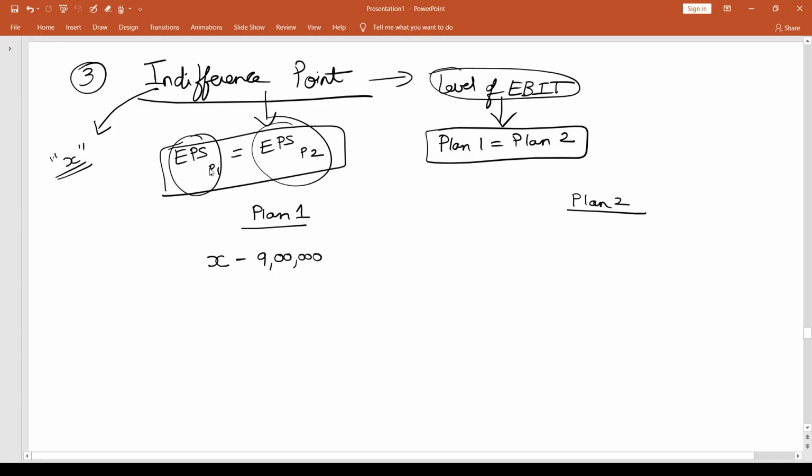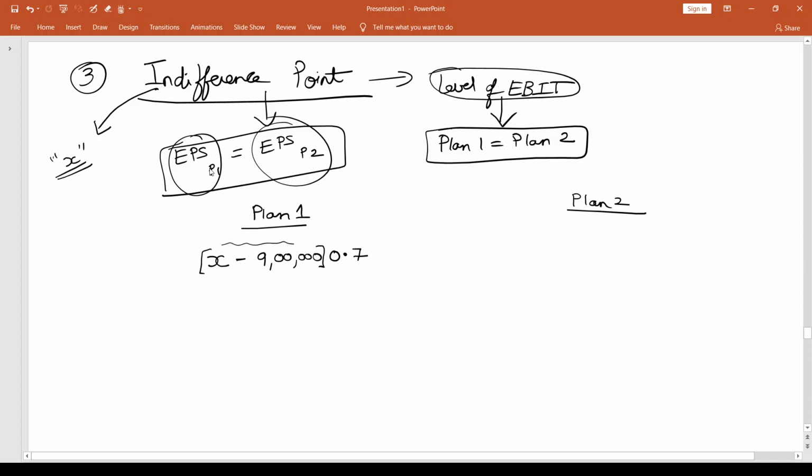So EBIT minus interest gives me EBT. From this, I will be paying tax. What is the tax I will pay? 30%. So what remains with me as EAT is going to be 0.7 times this number. This number into 0.3 would have been the tax, and this number into 0.7 will be the earnings after tax.